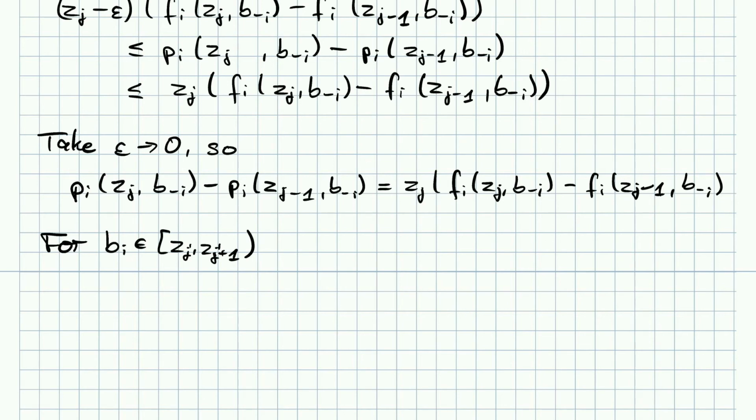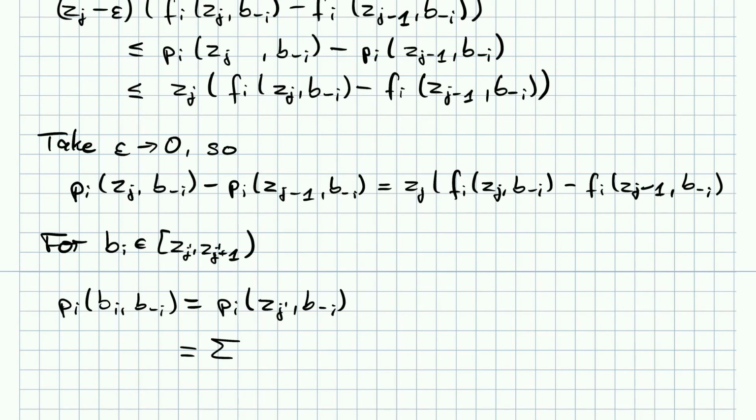We will now be getting that pi of bi comma b minus I is equal to pi of zj prime comma b minus I. And this we can now write out as the sum of all these differences.